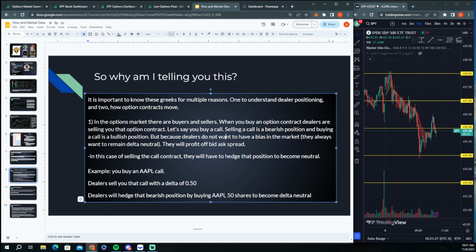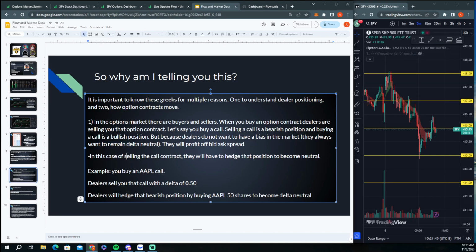So what market makers do is they profit off the bid-ask spread. They make their money by selling those options. So they don't want to have a bias in the market. They don't want to be bearish or bullish. They just want to make money off selling those options. So what they do is they want to remain delta neutral.